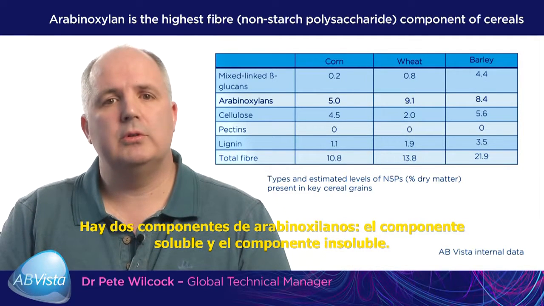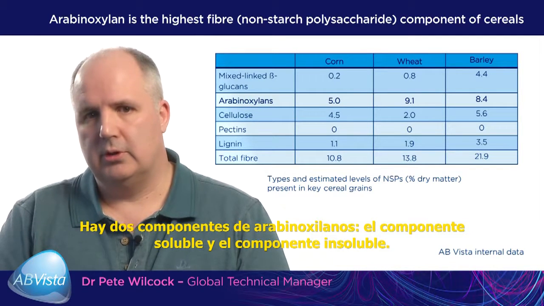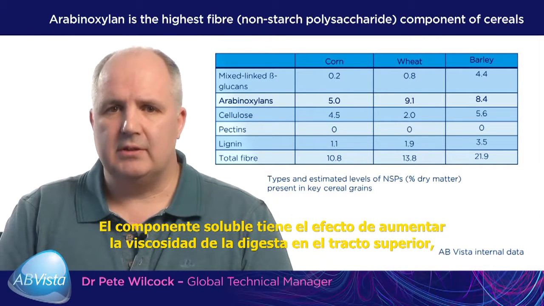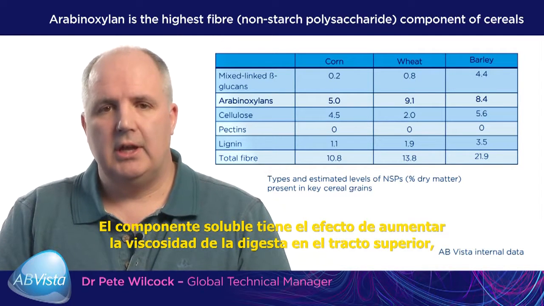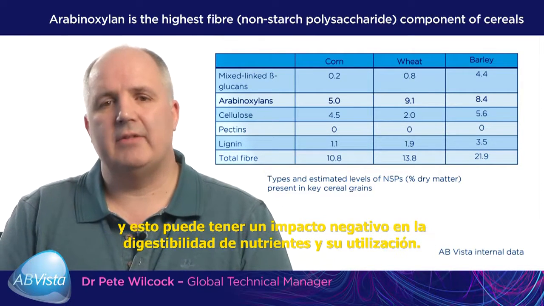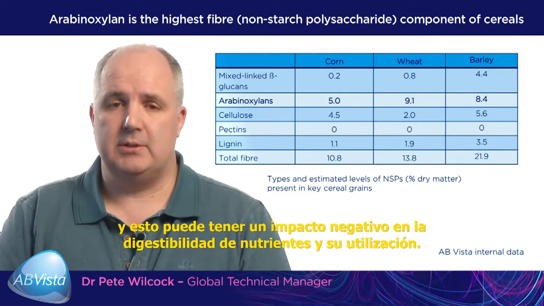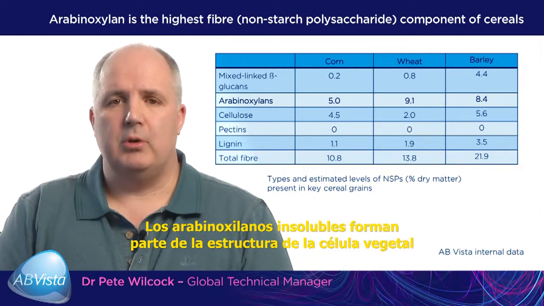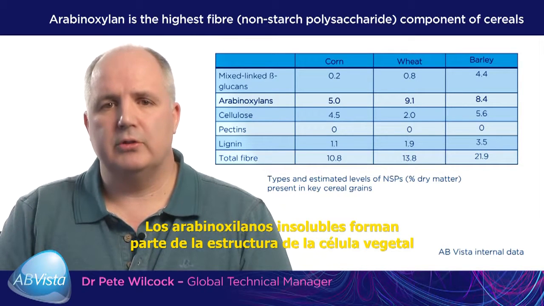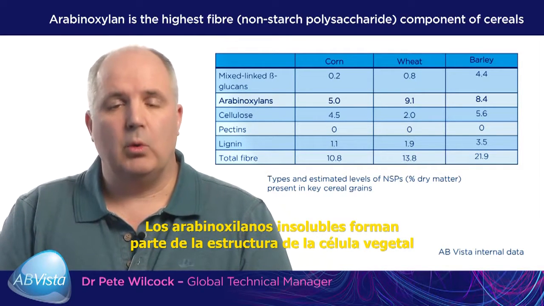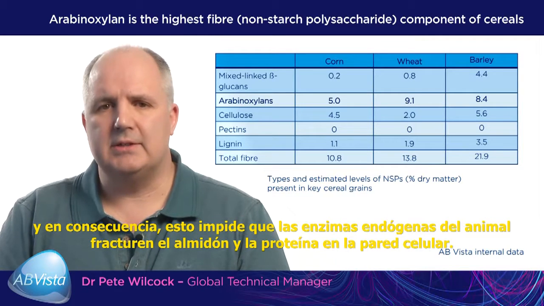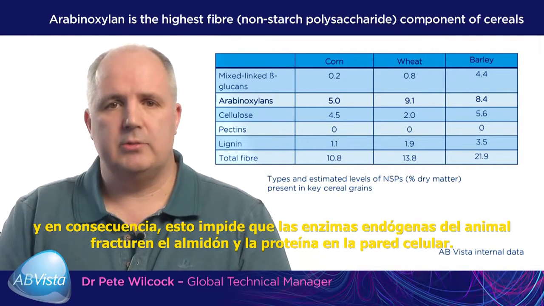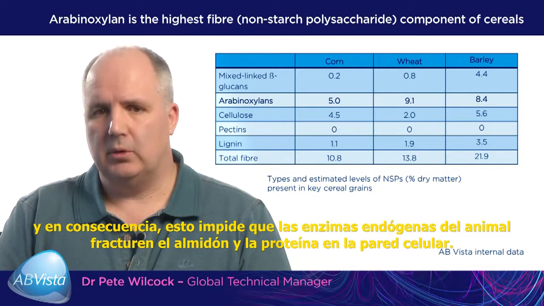There are two components of the Arabinoxylans: the soluble component and the insoluble component. The soluble component increases the viscosity of the digesta in the upper tract, and this can have a negative impact on nutrient digestibility and utilization. The insoluble Arabinoxylans form part of the structure of the plant cell wall, and therefore impede the endogenous enzymes of the animal from breaking down the starch and protein within that plant cell wall.